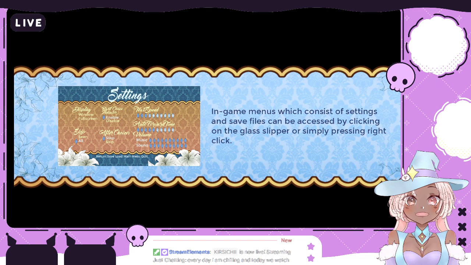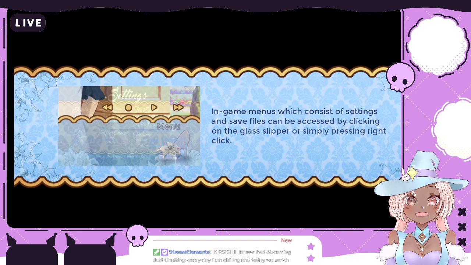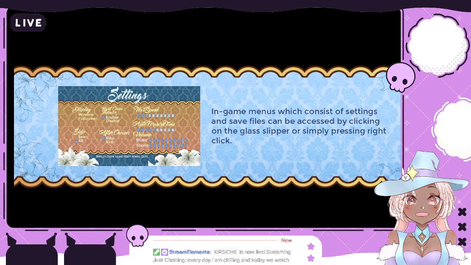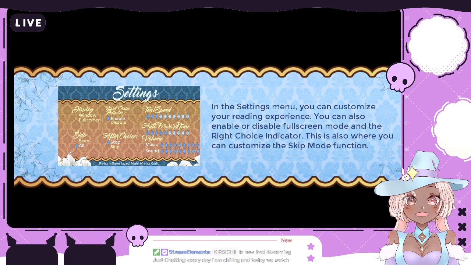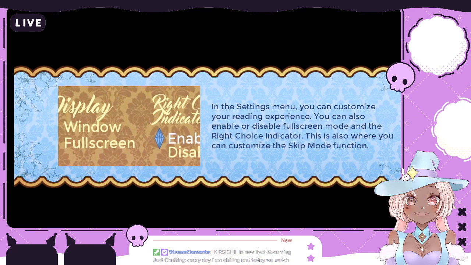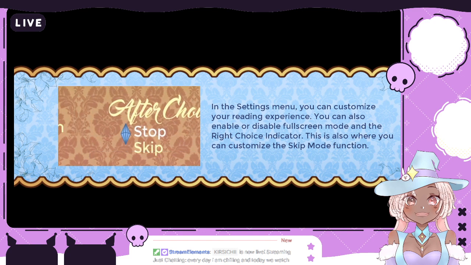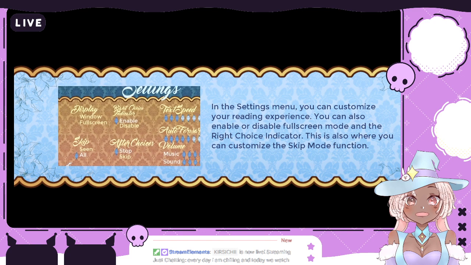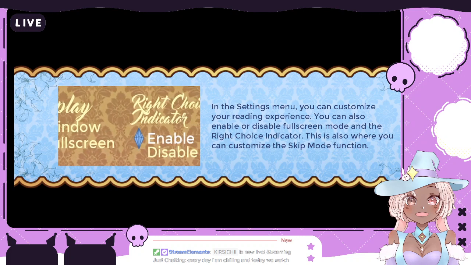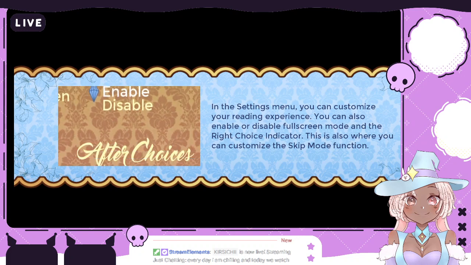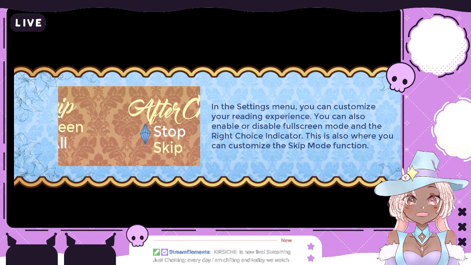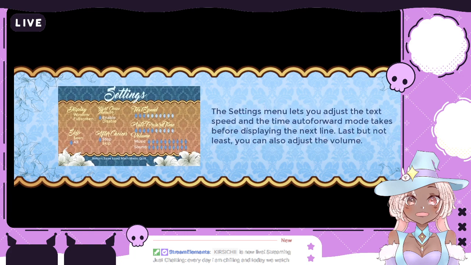In-game menus, which consist of settings and save files, can be accessed by clicking on the glass slipper or simply pressing right-click. In the settings menu, you can customize your reading experience. You can also enable or disable full screen mode in the right choice indicator. This is also where you can customize the skip mode function.